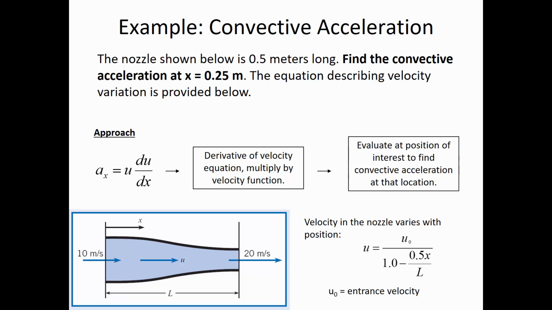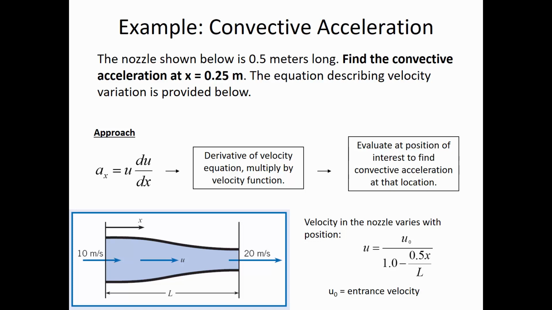So that's 2.370 u naught squared. And we actually know the initial velocity. That's given from the diagram to be 10 meters per second. So u naught is 10 meters per second. So the convective acceleration, u du dx, is 2.370 times 10 squared.